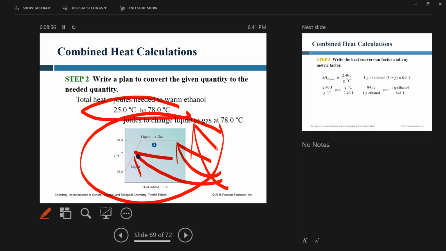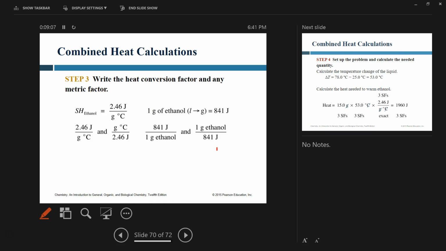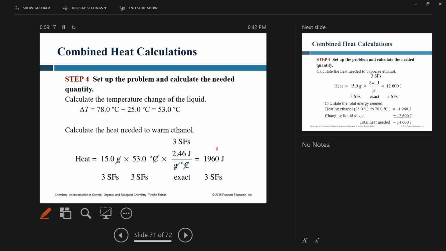Then you need to calculate the amount of energy required for each of these processes. First, you need to calculate the amount of heat to get ethanol to its boiling point.